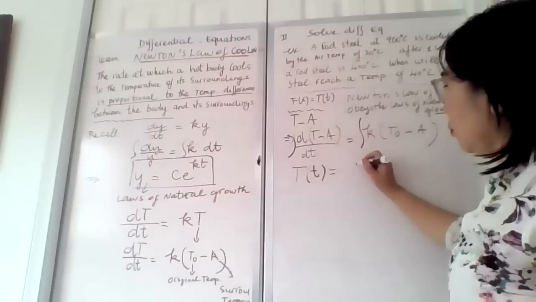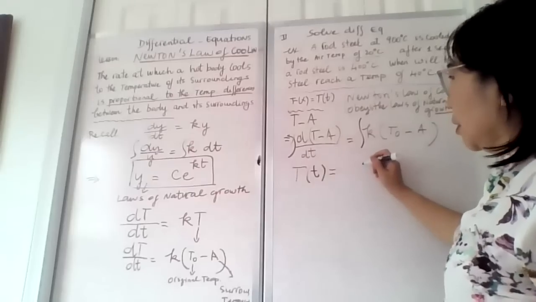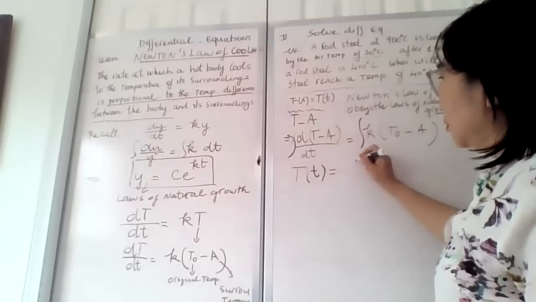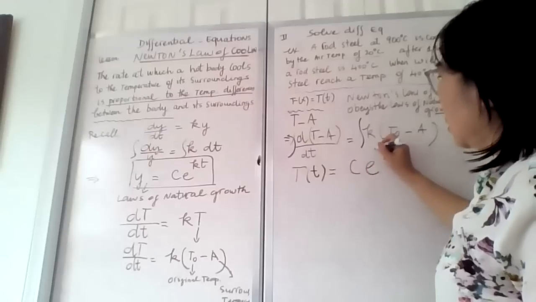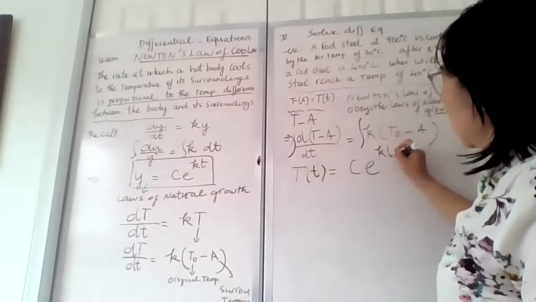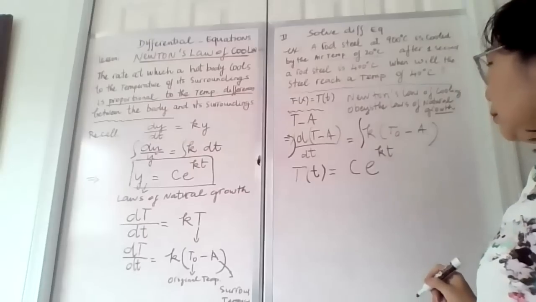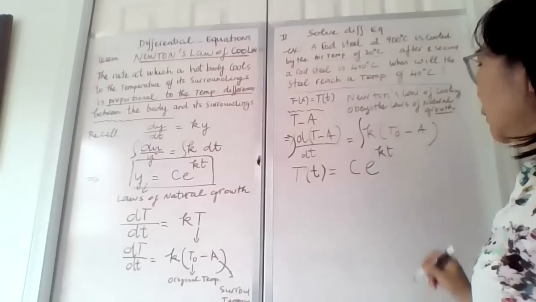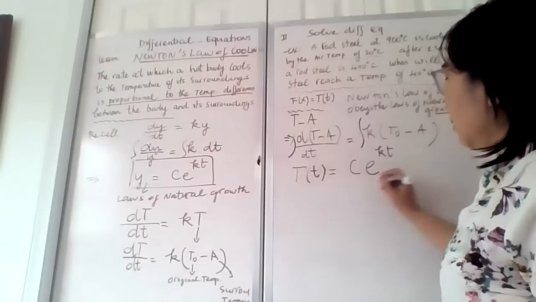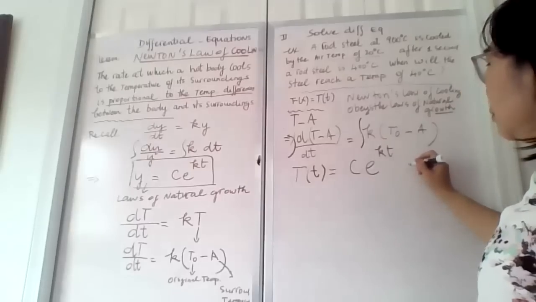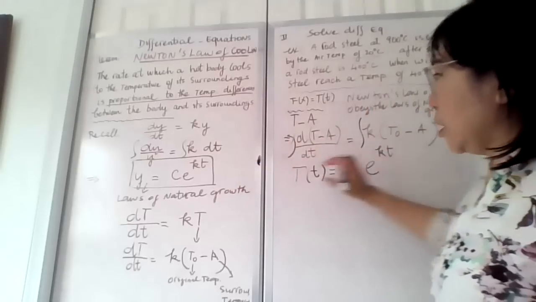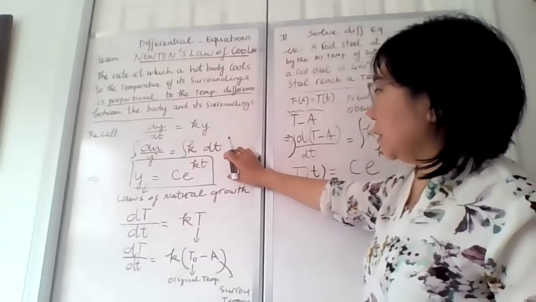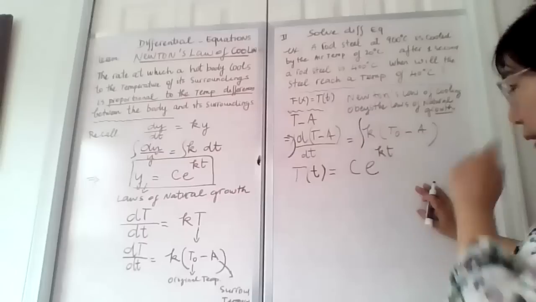So it will be equal to C e^(kt). So we accept this. We say Newton's law of cooling, obviously a law of natural rule, and that's how it looks, right?